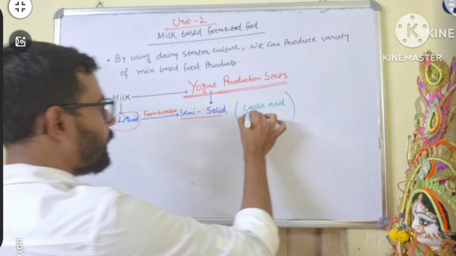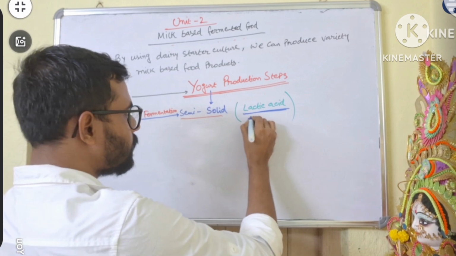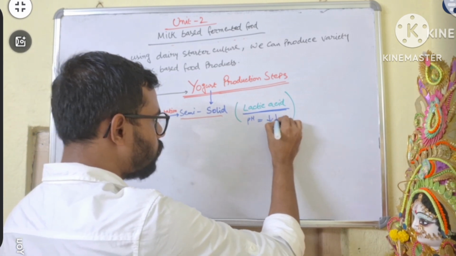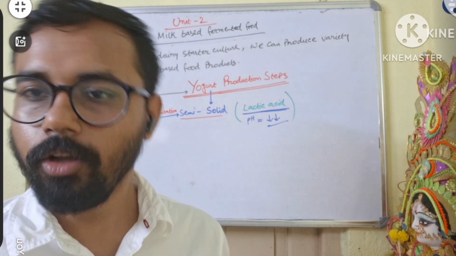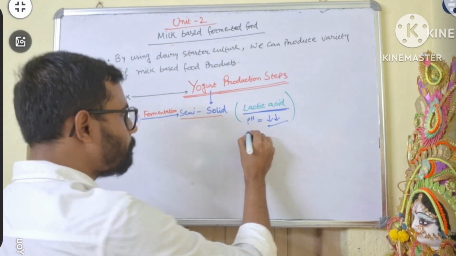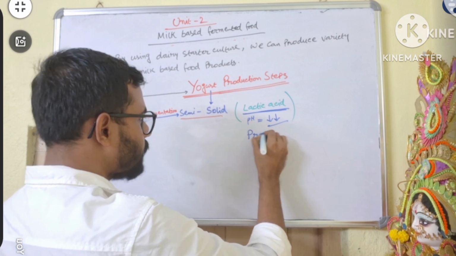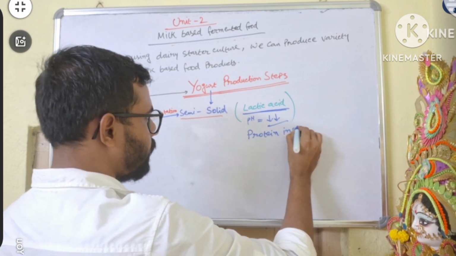Because when the lactic acid production is high in the milk, the pH automatically goes down, yes or no? Acid forms, that means pH lower, pH becomes acidic, right? So in acidic pH, the protein present inside the milk.